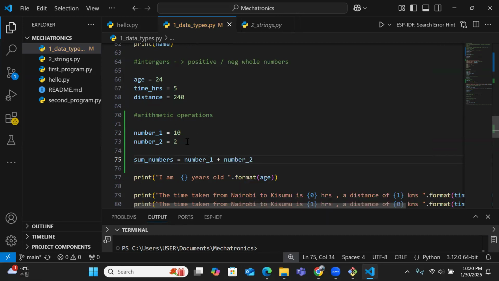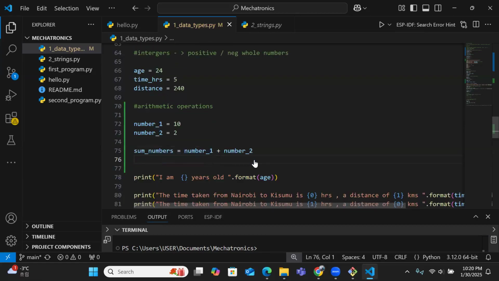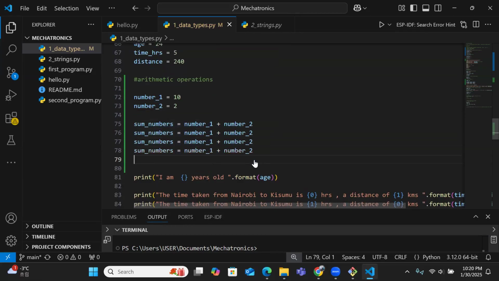Since you already did that, you copy it four times, or even five times. The difference between the two numbers is number1 minus number2. Then product, you can just call it prod: number1 times number2.